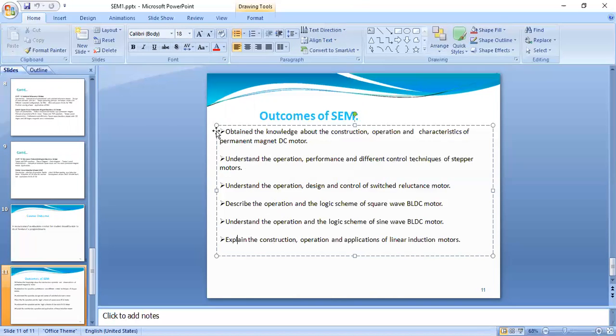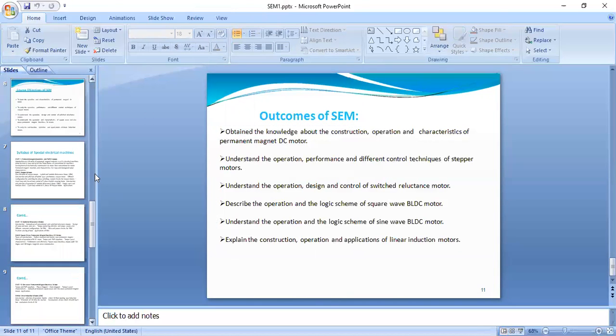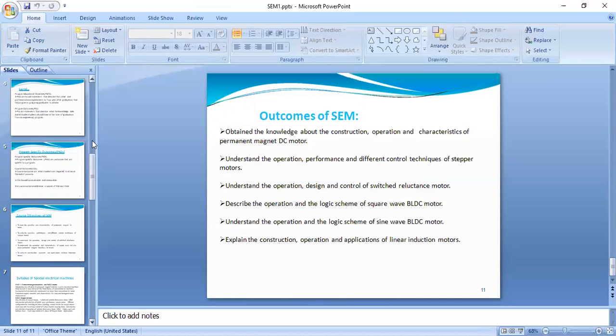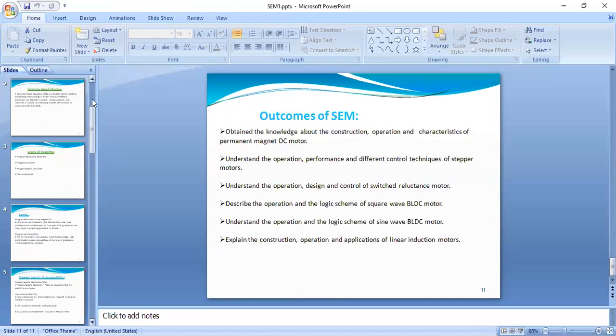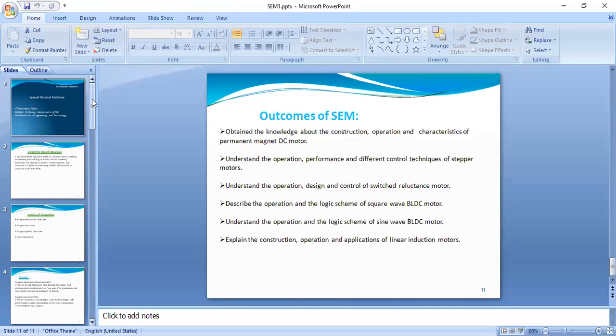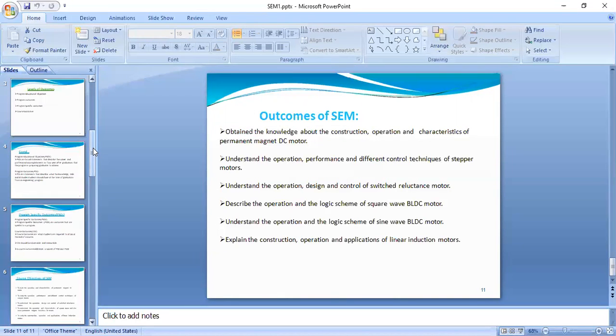So I think you know very well about the course outcome: what is course outcome and what is course objective. Course objective means what the student will be able to learn about the course, and course outcome means what the student is able to do or perform at the end of the program or course.